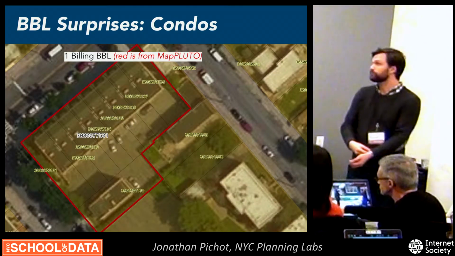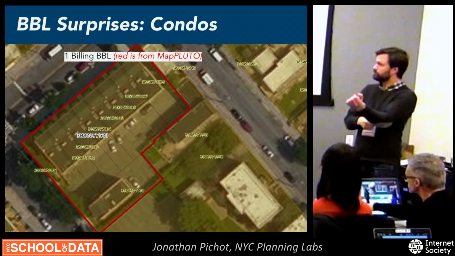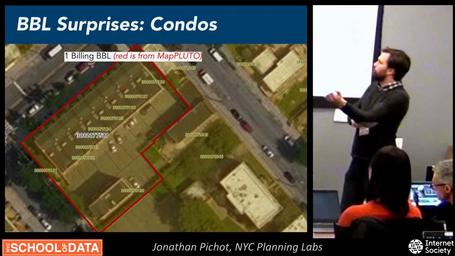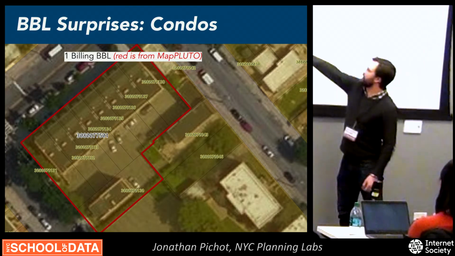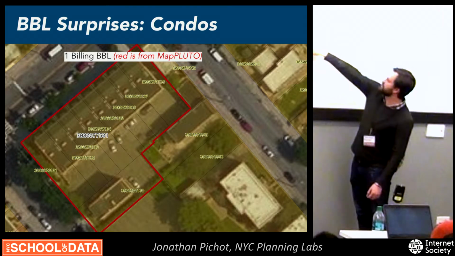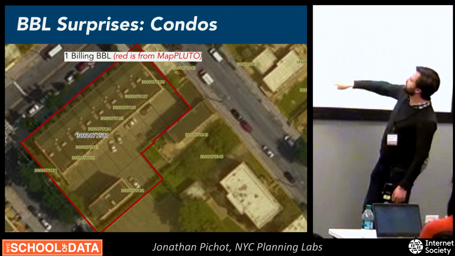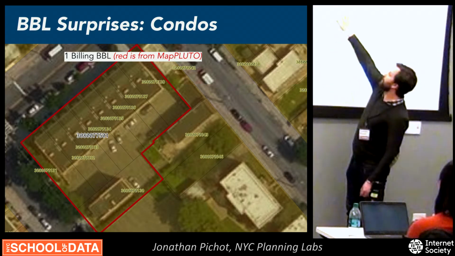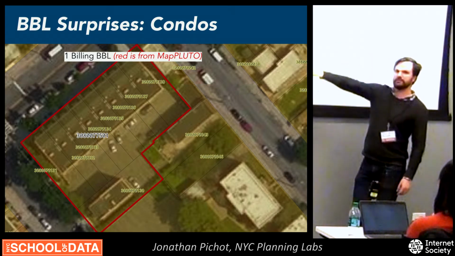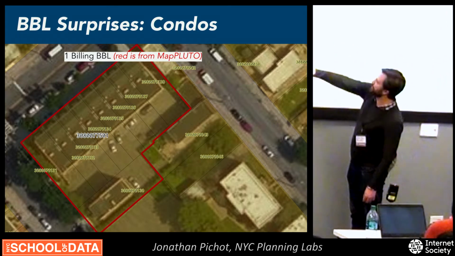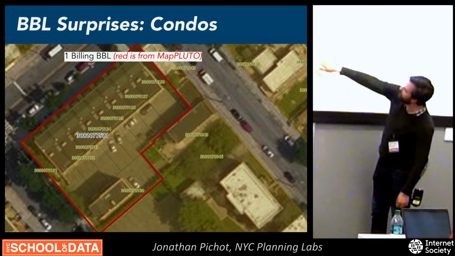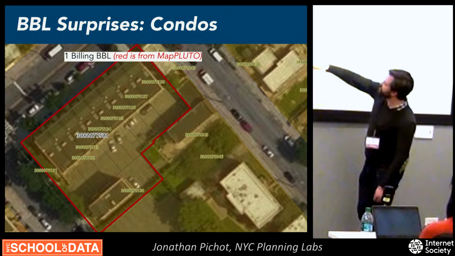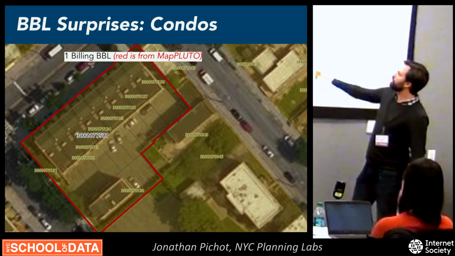So let's look at a BBL surprise. In red here is 308007751. That is the billing BBL for this lot, and this is what you would see in Map Pluto. You wouldn't see the rest of it, you would just see this massive block. And what this is, if you can see the underlying Google map, is actually 2 large buildings here.